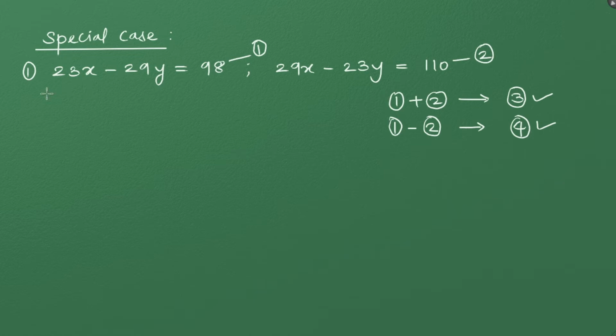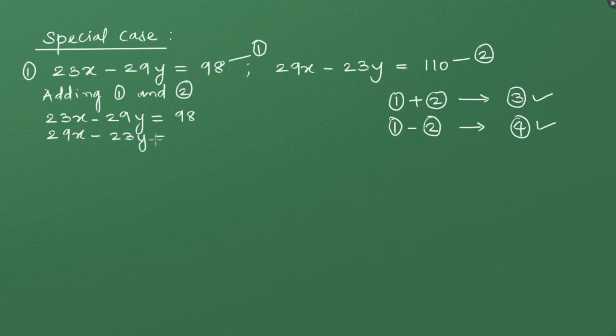Let's do it. Now we are adding equation 1 and 2. So this gives 52x minus 52y equals 208.